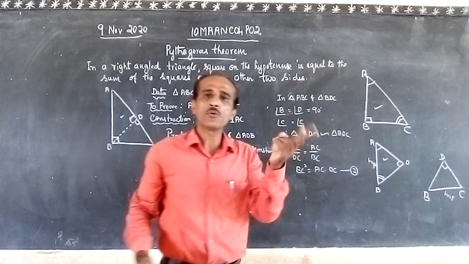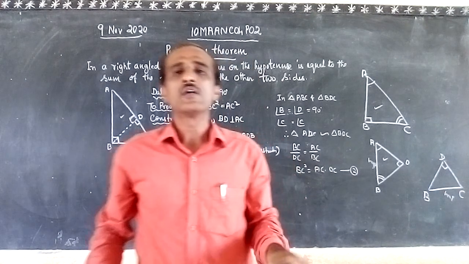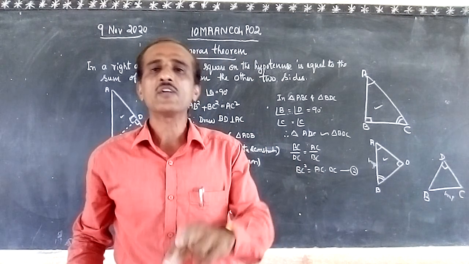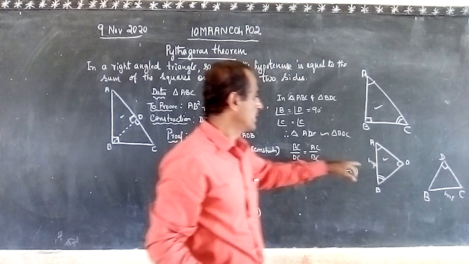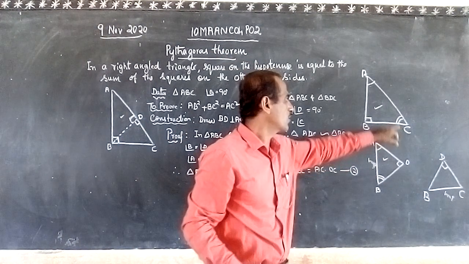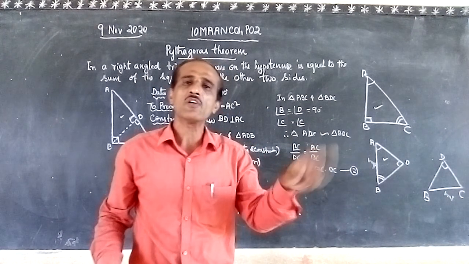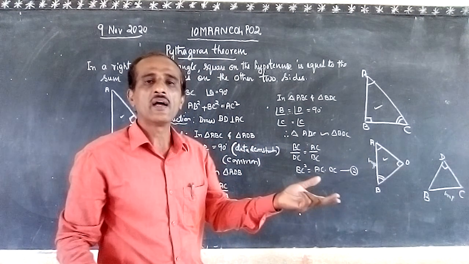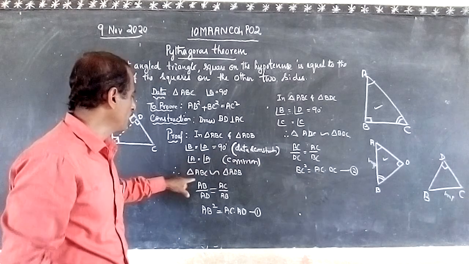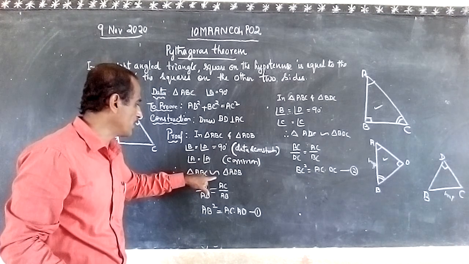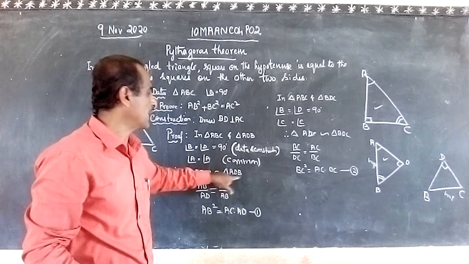You know, if two angles of one triangle are correspondingly equal to two angles of another triangle, then the two triangles are similar. Therefore, the third angle is equal; it's not necessary to prove. Therefore, we can say triangle ABC is similar to triangle ADB. This is the similarity symbol.